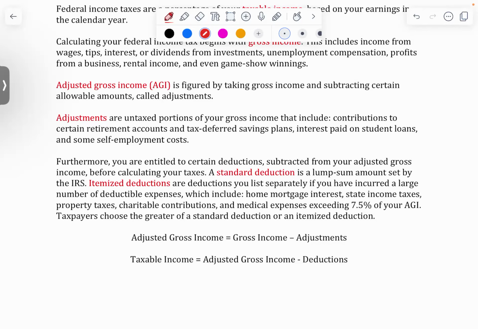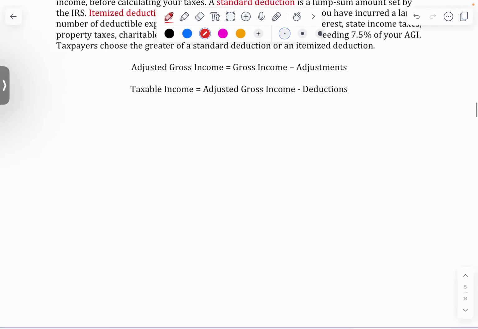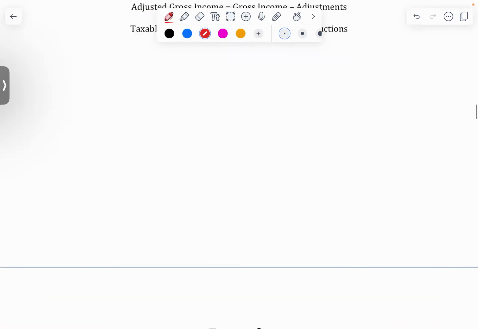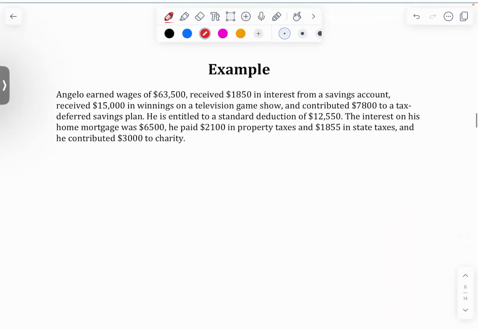Whichever one is larger, that's the one you use. So they do give you that benefit. Now, most of the time you have programs and things like that to help you. I just want to identify some basic concepts just so you understand approximately what's happening.